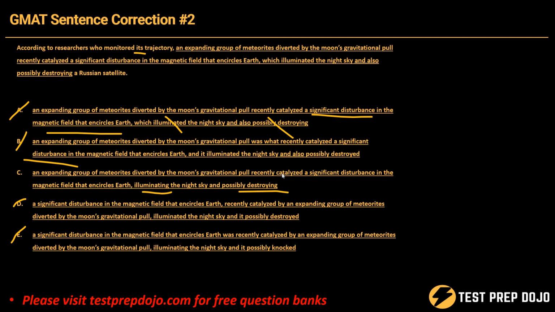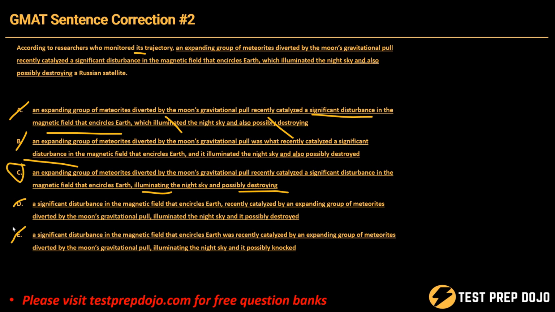Did the illumination and the destroying happen at the same time? 100% yes. So, in terms of selecting the answer that most elegantly and accurately expresses the idea that the author intends, these are perfect.